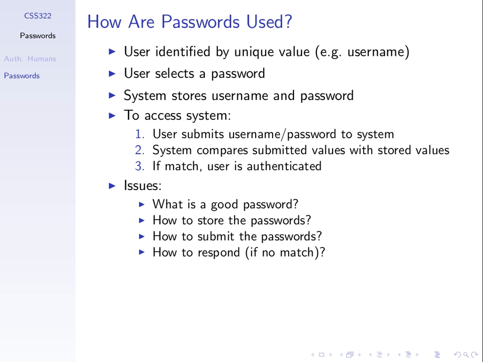Now for the user to access the system, they submit their username and password to the system via some protocol perhaps, or via some login mechanism. The system compares the submitted values to the stored values. The stored values are what's created when the user is initially registered with the system. If they match, the user is authenticated. If they don't match, the user is not allowed in. Maybe they get another attempt.